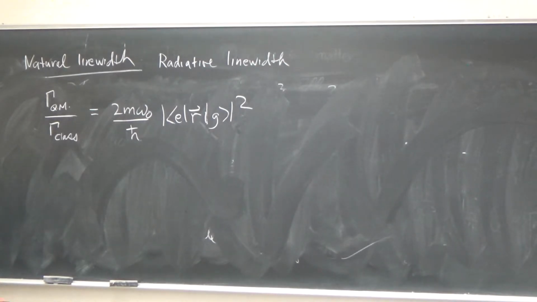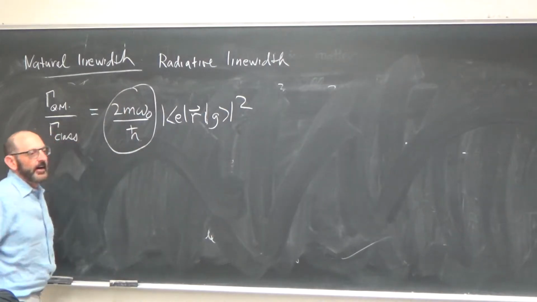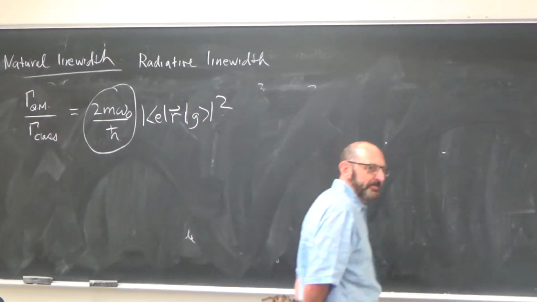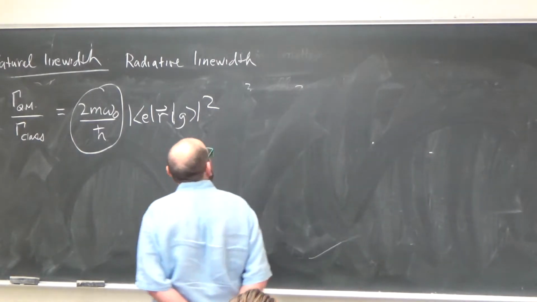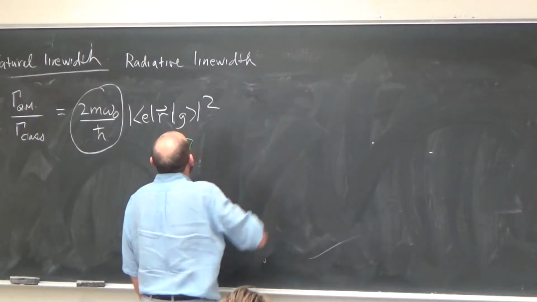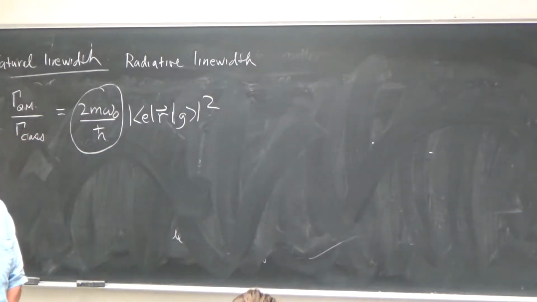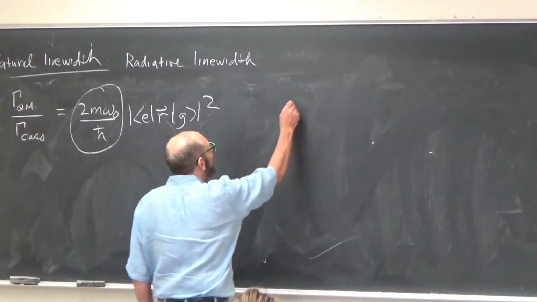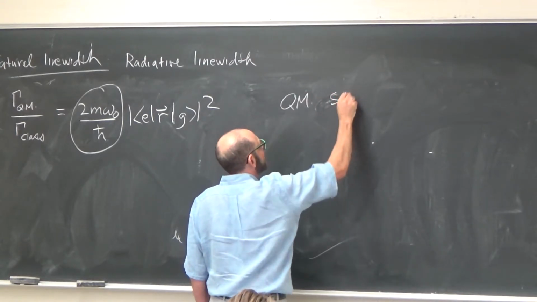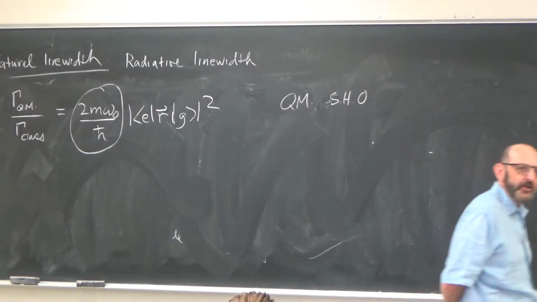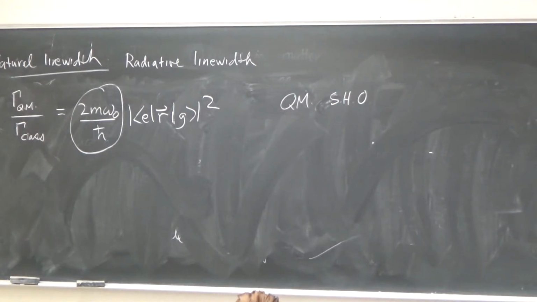Question: does anyone recognize this combination of h bar, m, and omega? Maybe. What about for a quantum simple harmonic oscillator? If I have a quantum simple harmonic oscillator, and I asked you, what is the characteristic length scale associated with a quantum simple harmonic oscillator?